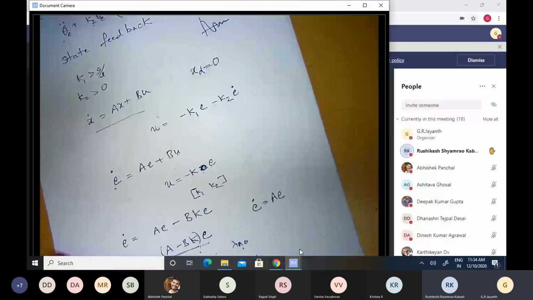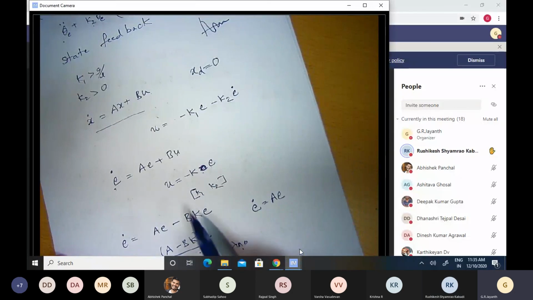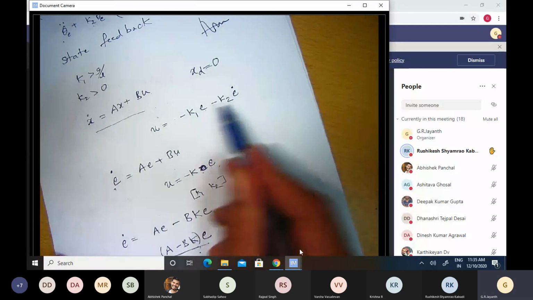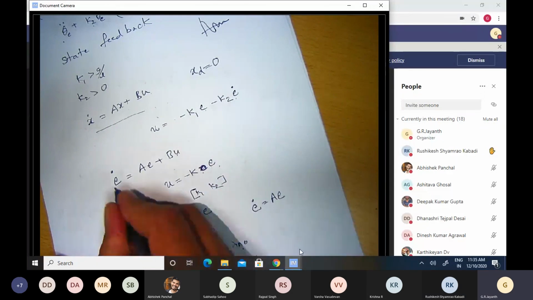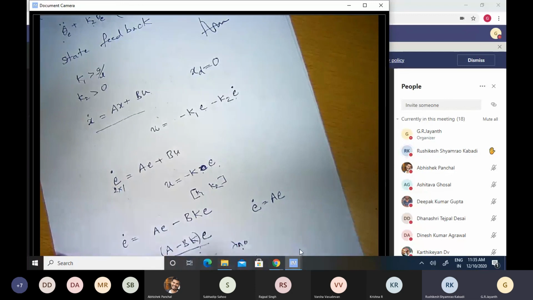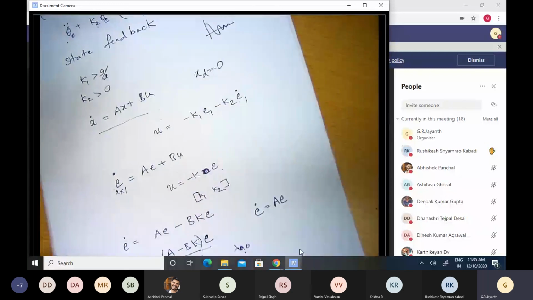What I had in my mind was... how do we do this now? This e is not the same as that. This is a scalar e, and this is a scalar e dot, whereas this e here is a 2 by 1 vector. So I have abused notation here. I don't know how to immediately correct it. Maybe I'll call this E1 and E1 dot for the moment.